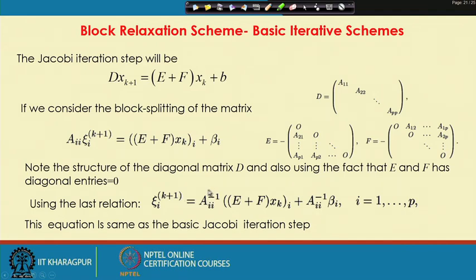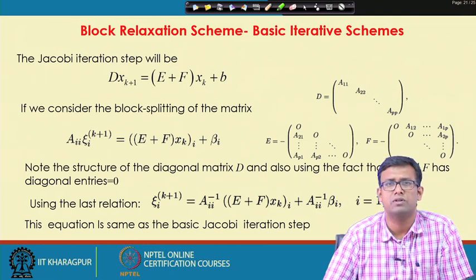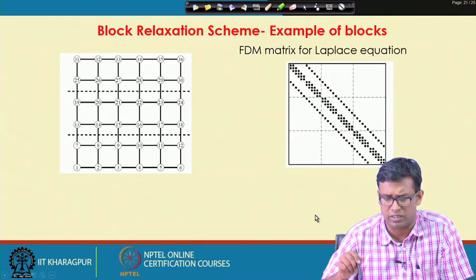The iteration is not in aii inverse explicitly here; the iteration is on finding xi k plus 1. This solution is done by some other method, but the iteration is over the fact that xi k plus 1 is found and iterated again and again. So, this iteration must converge if the Jacobi iteration converges.